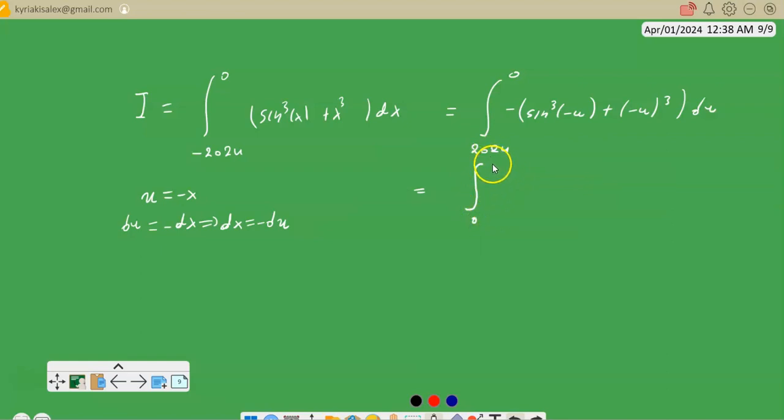Integral from 0 to 2024, sine cubed of minus u plus minus u cubed du.